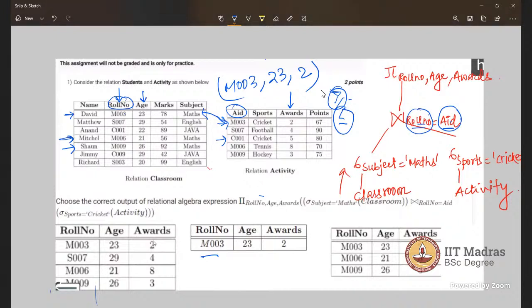And if this particular one is also roll number, then it is a natural join. It will be done automatically. No need to mention this condition. So literally, the column name should be the same and the data type also needs to be the same.